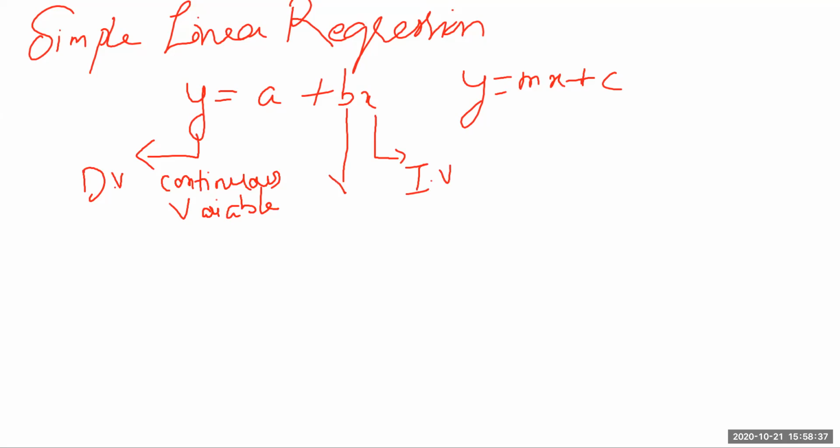b is the slope of the line, and a is a constant. Okay, a is the constant. Now, the example that we had considered earlier of CGPA and AMCAT scores is of this form.